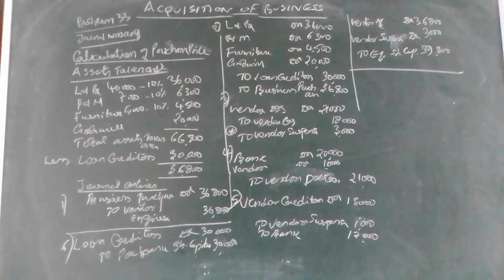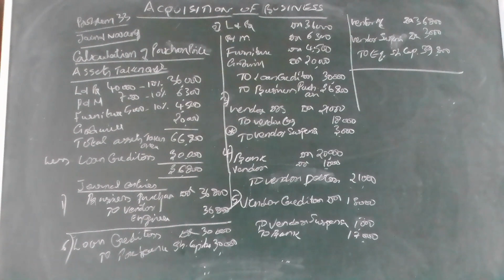Then the next entry is creditors payment. Mind it carefully: from debtors we are collecting the amount, for creditors we have to pay the amount. So vendor creditor account debtor to vendor suspense and bank. Total amount of creditors transferred to vendor creditor is 18,000.